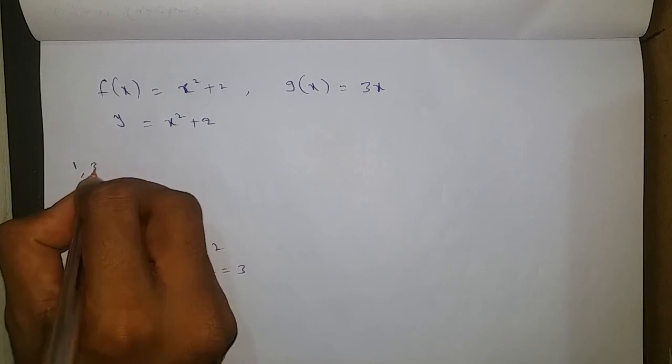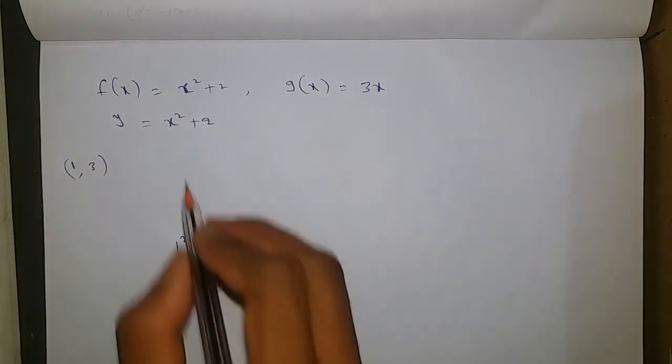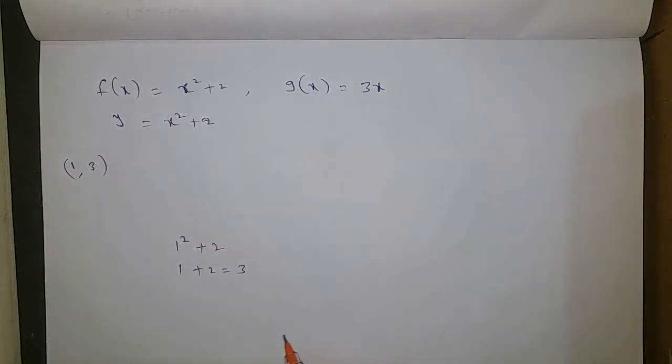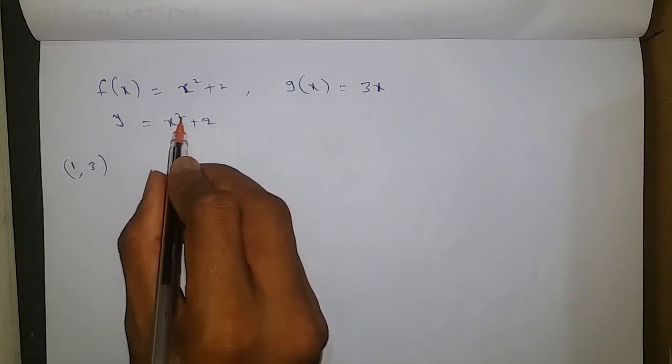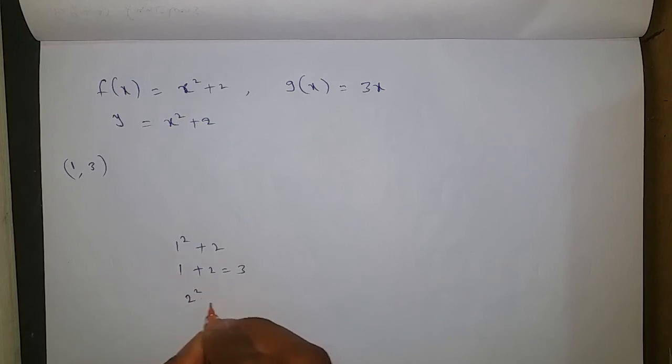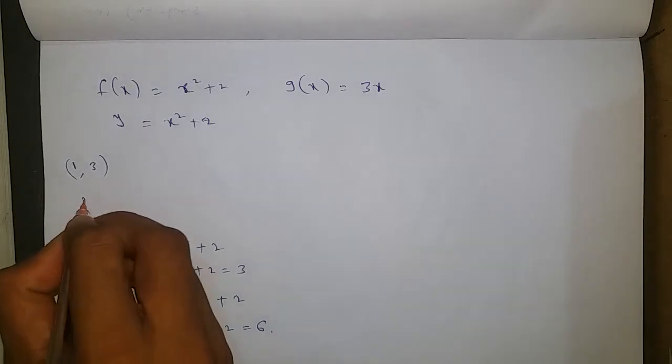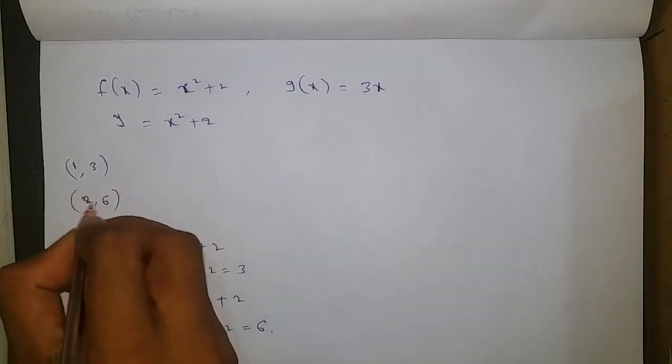I substituted 1, I got 3. Next I am substituting 2. 2 square plus 2. 2 square is 4, 4 plus 2 is 6. I substituted 2 and I got 6.